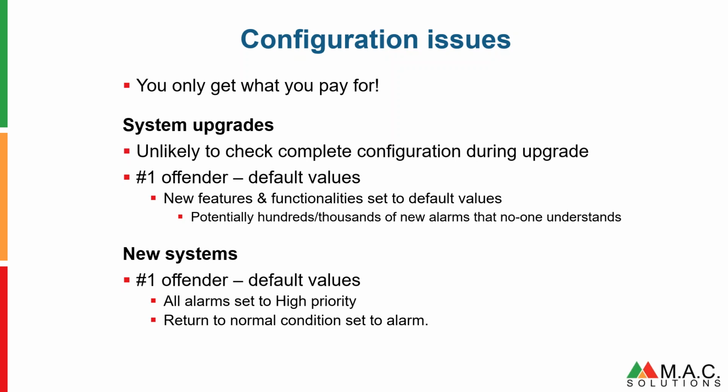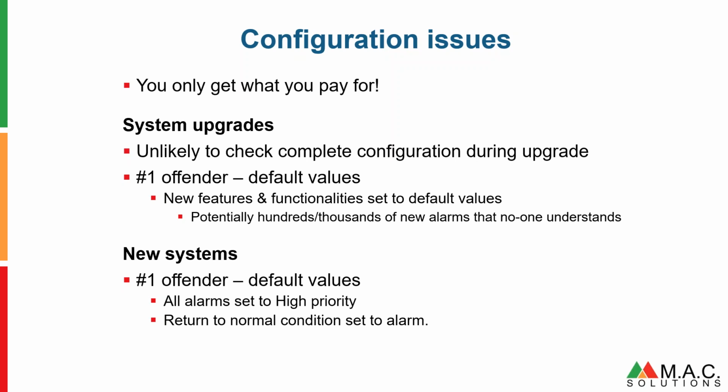For new systems, the number one offender, as with system upgrades, is default values. Where they had no time to do the check in the half-hour upgrade to put correct parameters in, they put defaults in. With new systems, because we're doing this at a very reasonable price, we can't afford to look at every one of your alarms and make sure they're all correct. And we have other functionalities that your old system didn't have, that you couldn't even dream of. We've got all these things.